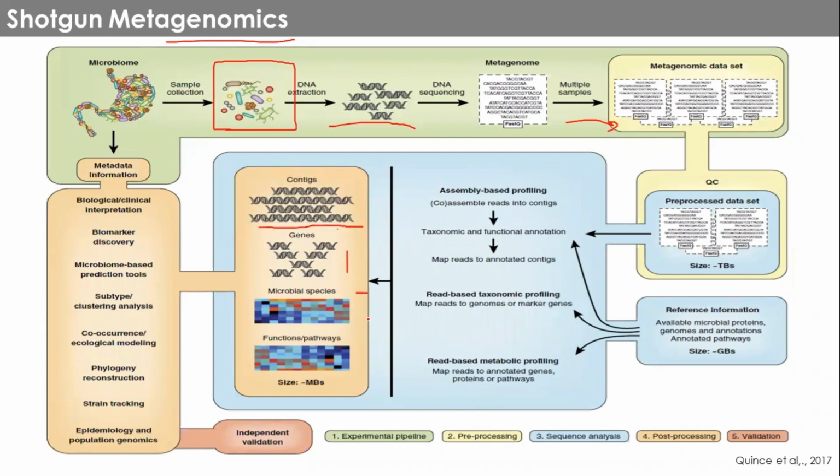So you can find out different microbial species. You can also find out different pathways, I mean genes involved in the different pathways, right? And that helps you to find out biomarker discovery, microbial based prediction tools, and so on, phylogenetic constructions, and so on and so on, right? So that is the process of shotgun metagenomics.